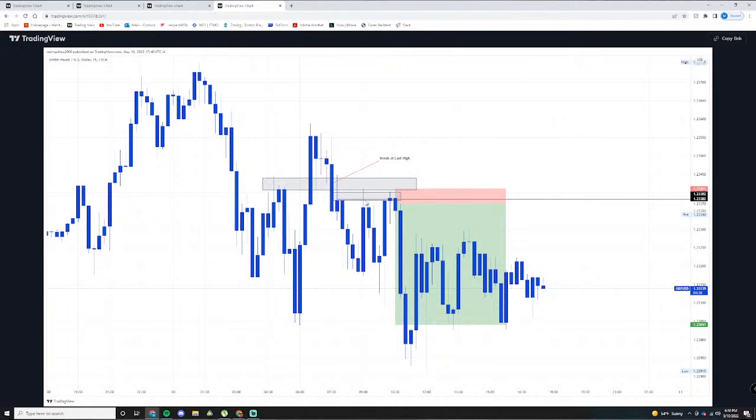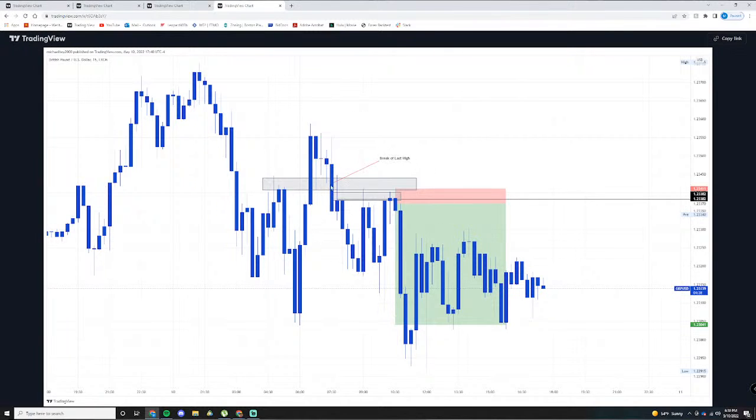All these wicks. We see that the bears are in control. And as soon as I got this confirmation right here, I thought this wick was going to close all the way down here. In the last minute, it came all the way back up here. So I lost my first trade, and then I went into my second one, and it just barely wicked me out before just absolutely plummeting to the bottom.